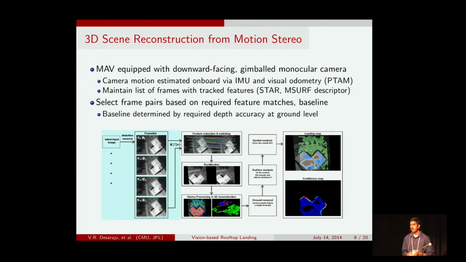From this list, we can select pairs of images to do the stereo matching. We select these frames such that they satisfy requirements on the number of matched features between the pair, as well as the baseline, in terms of the separation between the images. The requirements for the baseline come from requirements that we can impose on the depth accuracy at ground level. So this is just a mission-level constraint we can enforce.